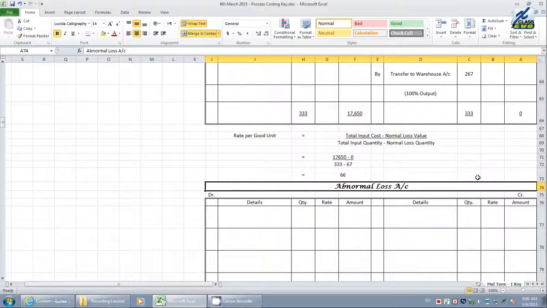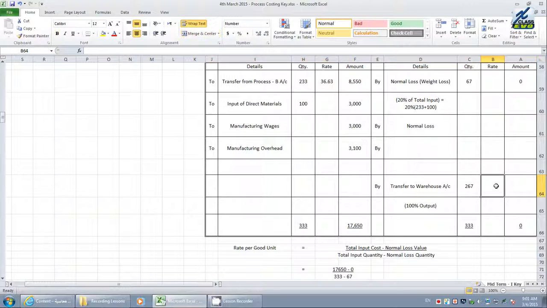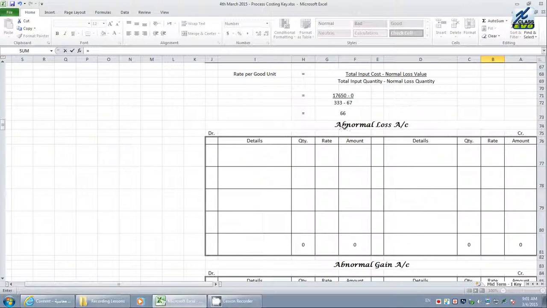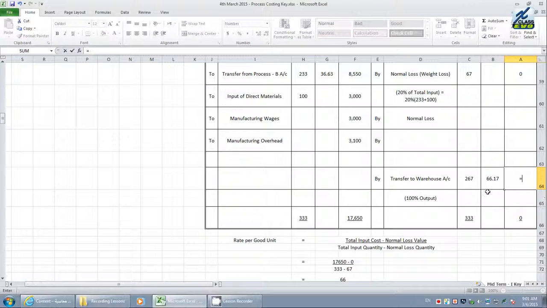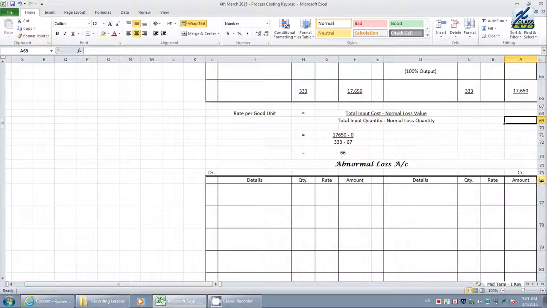This is the value you will get, the rate per good unit. The total value is quantum multiplied by the rate. Therefore, if the total debits and credits are the same, your answer is absolutely correct.